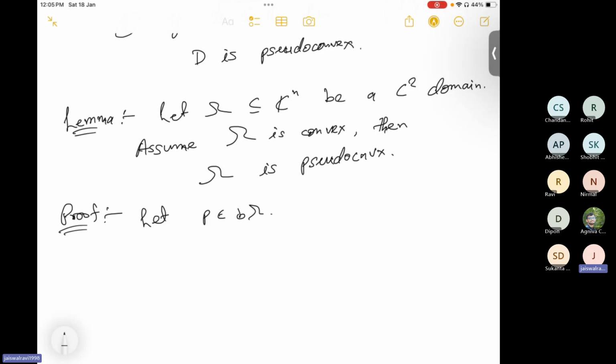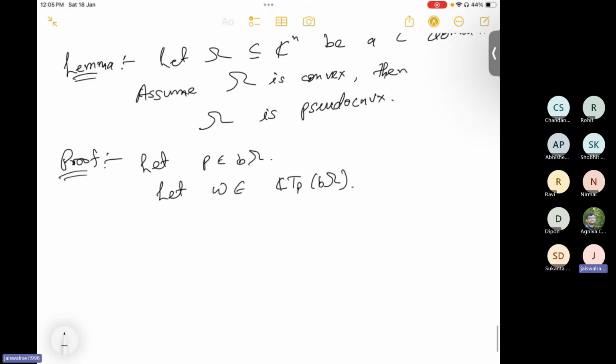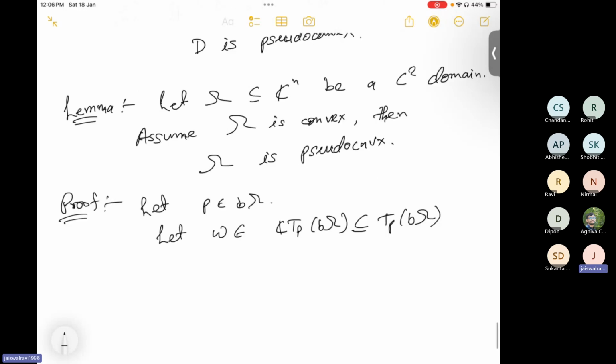That means if we have a W in the complex tangent space, we have to show that the Levi form is positive. From our definition, this complex tangent space is contained in the real tangent space, and we know P is a point of convexity by our assumption.